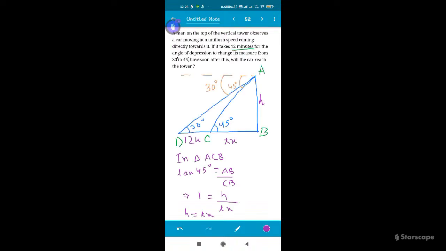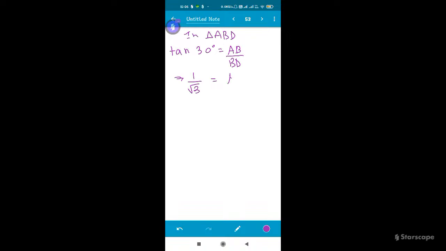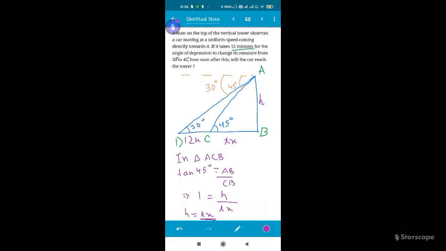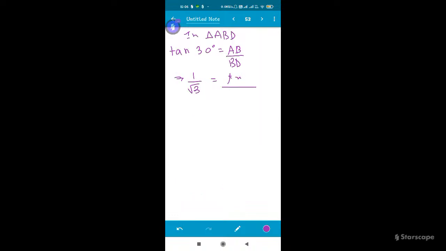The value of AB, we got it as tx because AB was the height of the tower. So tx, we are going to directly put the value as tx. Okay. And what will the value of BD? The entire BD, BC is tx and DC is 12x. That means tx plus 12x. Right. So 12x plus tx. Okay. I hope this much is clear.